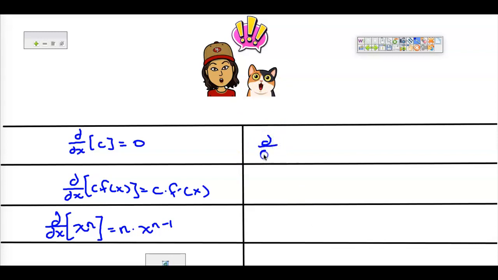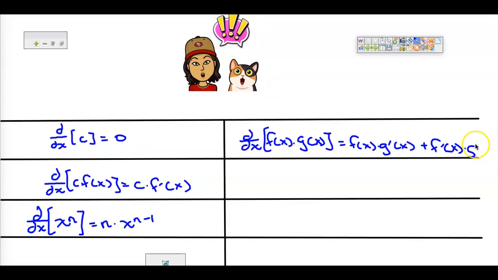The derivative with respect to x of a product of two functions was going to be the first times the derivative of the second plus the derivative of the first times the second.